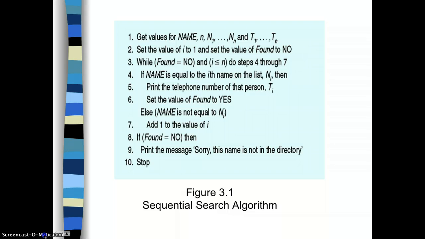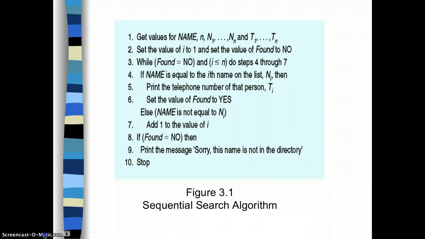This is our loop construct, and it has a condition of checking to see if we found the name, and also to check to see if I is less than or equal to n. If we found the name, then the while statement, once it goes back up to step 3, will know that we can exit out of the loop.